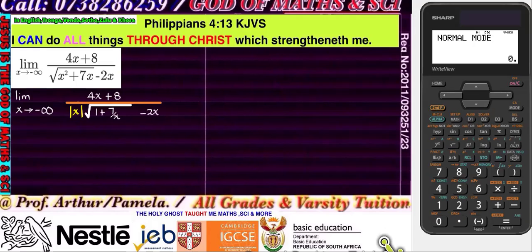We good, right? Now, because of the negative infinity, we choose x to be negative. So that's our next step. I now have limit as x approaches negative infinity.